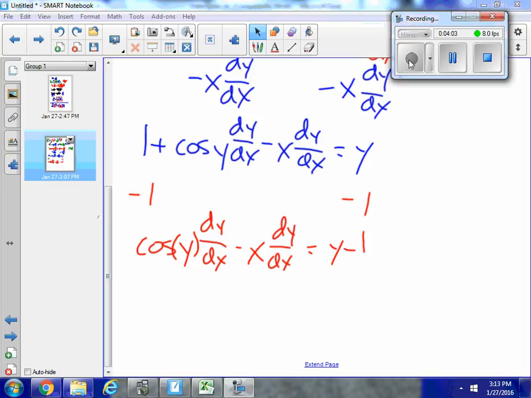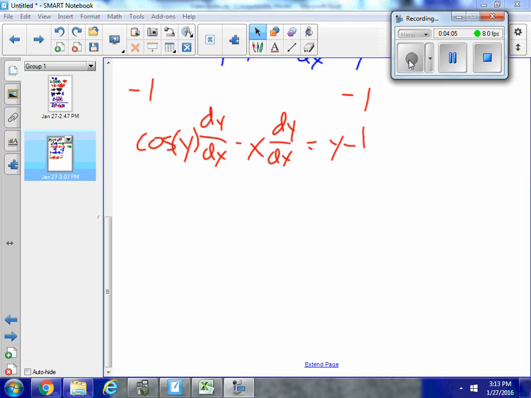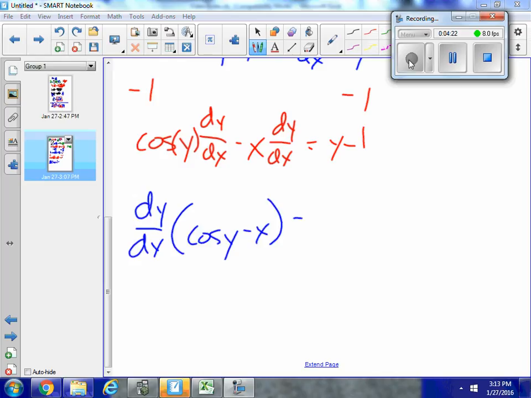Then, just using my algebra here, I'm going to undistribute dy/dx. So I have dy/dx times cosine y minus x equals y minus 1.